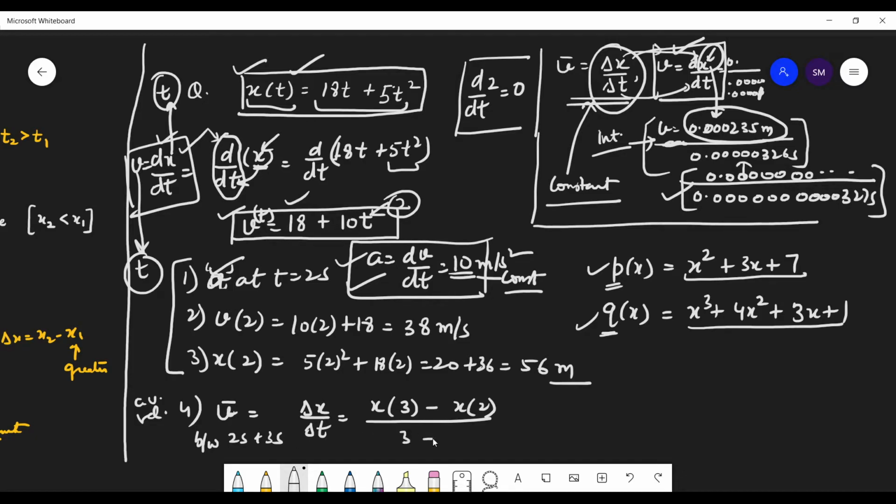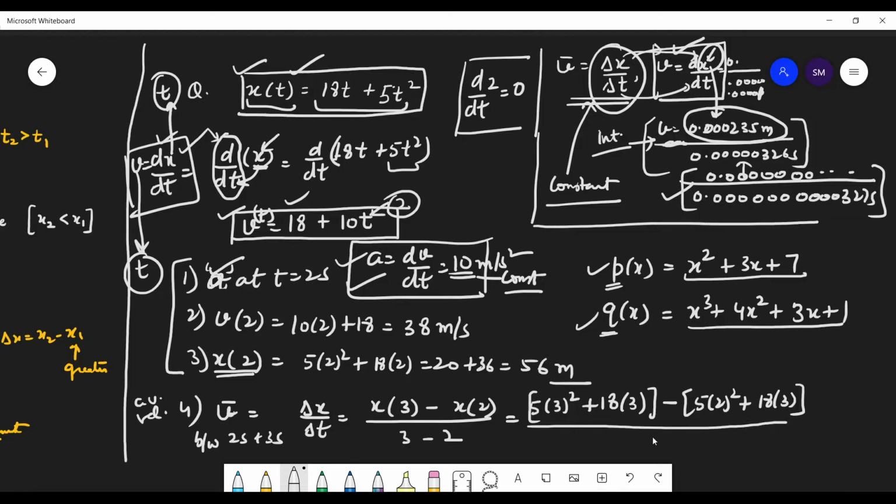Time is 3 minus 2 seconds. So same process now: position at 2, position at 3. What's the position at 3? 5 into 3 square plus 18 into 3, minus the position at 2 seconds, which you have already calculated, divided by time, that is 1 second.